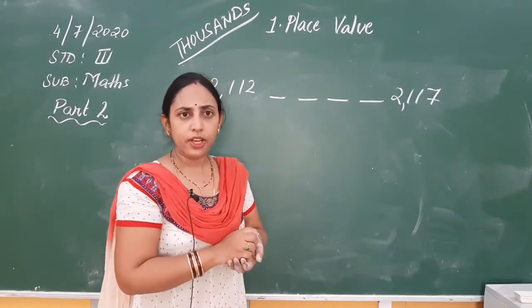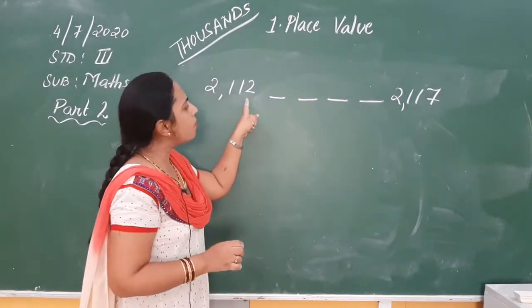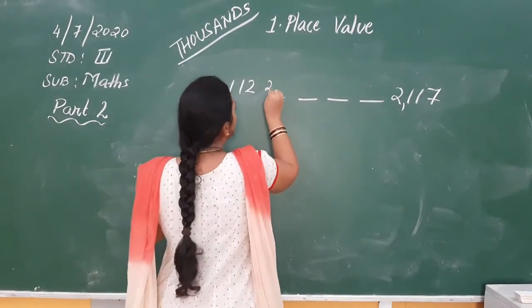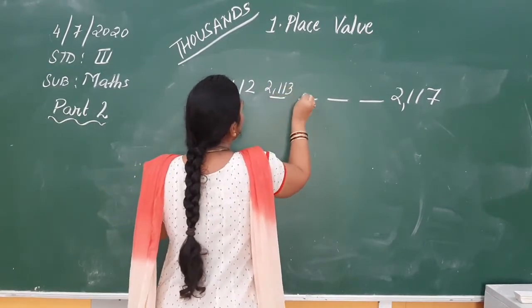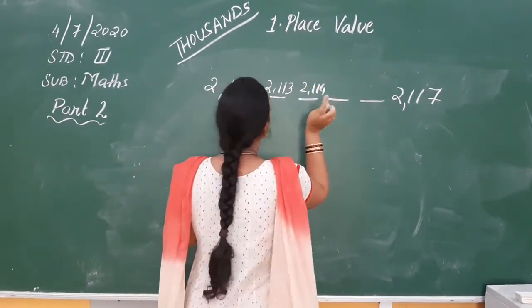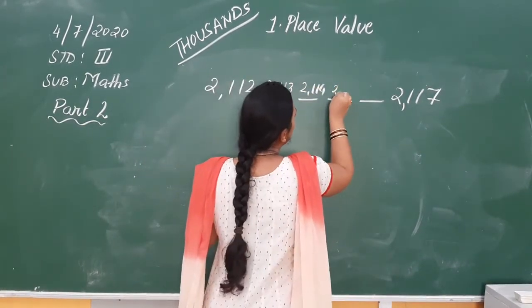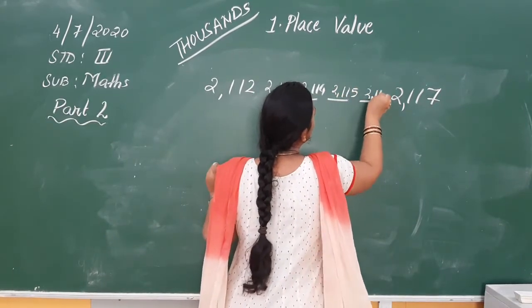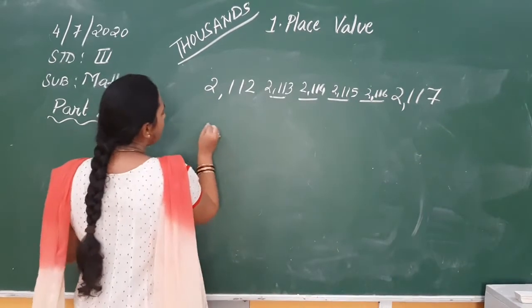I hope you can do it very easily, isn't it? 2112. So, what will be the next number? 2113, 2114. Never forget to put this comma after 1000. 2115, 2116. Let us write it properly.